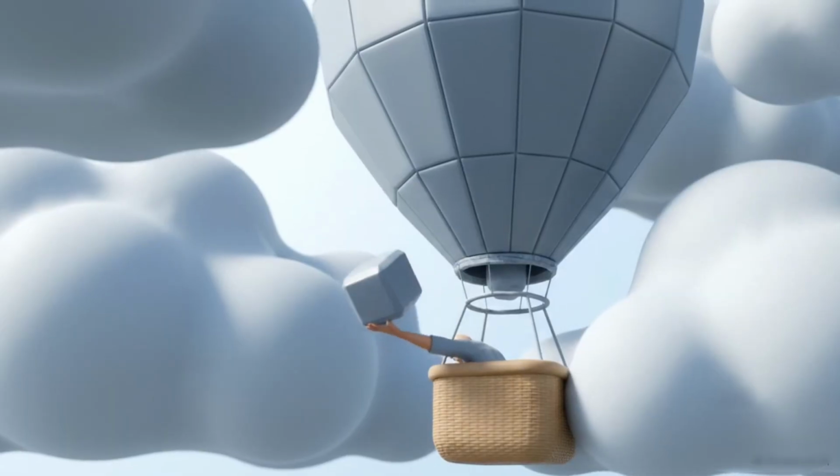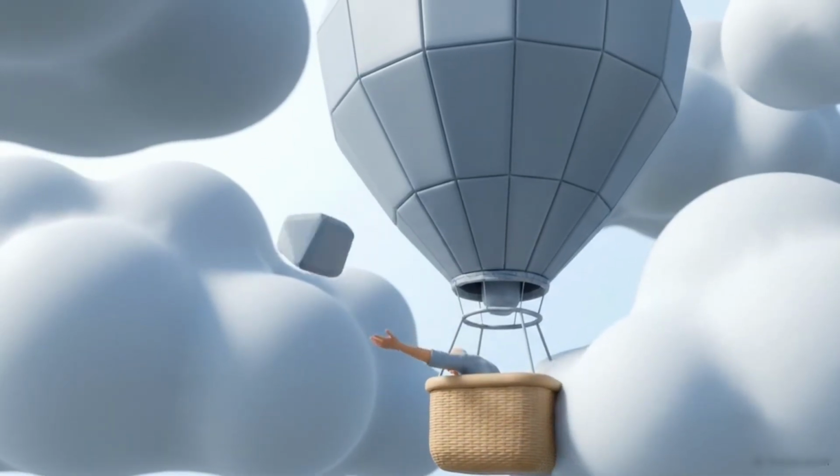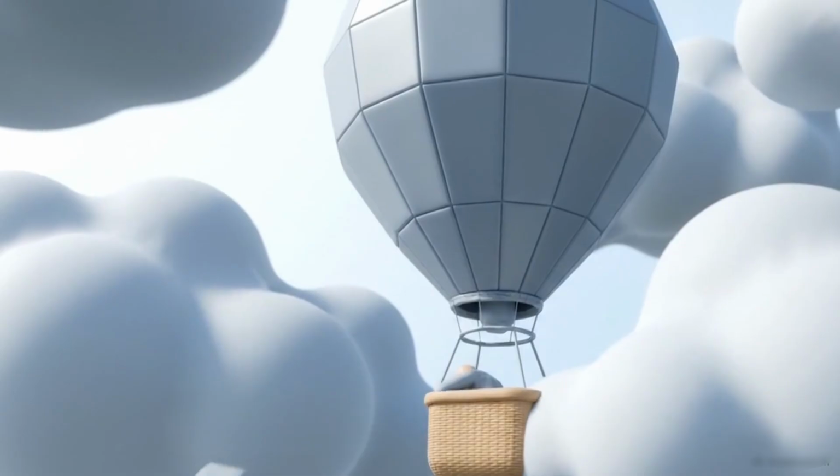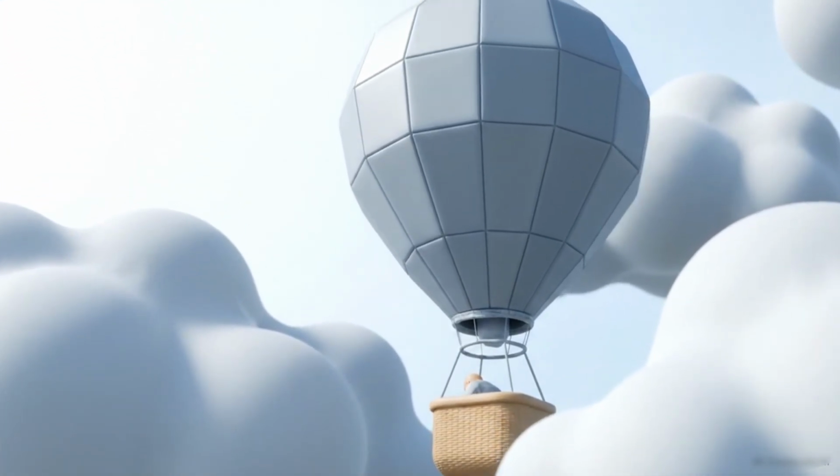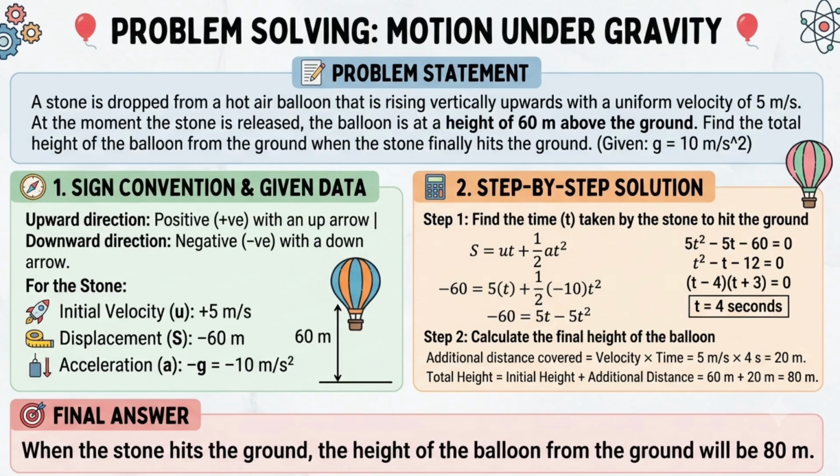We can apply these rules to a high-stakes scenario: the constant downward acceleration of Earth's gravity acting on an object dropped from an upward-moving vehicle. This diagram outlines a hot air balloon rising steadily 60 meters above the ground. If a passenger drops a stone, that stone doesn't immediately fall. It initially shares the balloon's upward velocity, actively battling the downward pull of gravity before it can begin its descent.